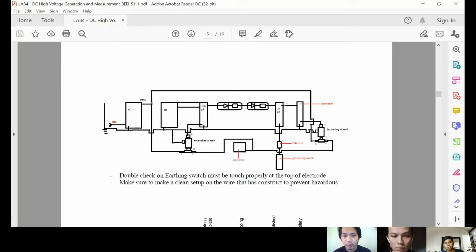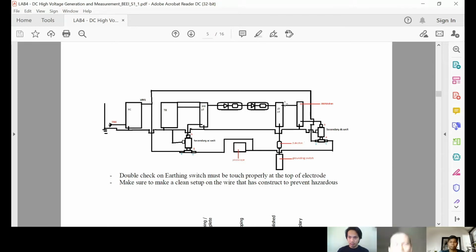Then the same method goes to the secondary DC unit, like the secondary AC unit, with the same procedure. They are plugged in parallel: one goes to the FC frequency converter, and the other goes to the picoscope for the measurement.